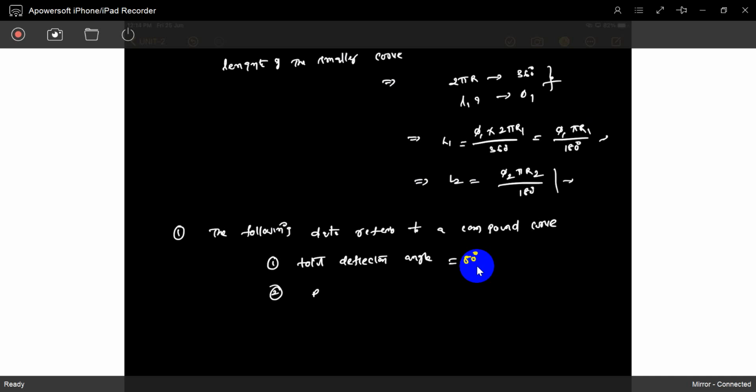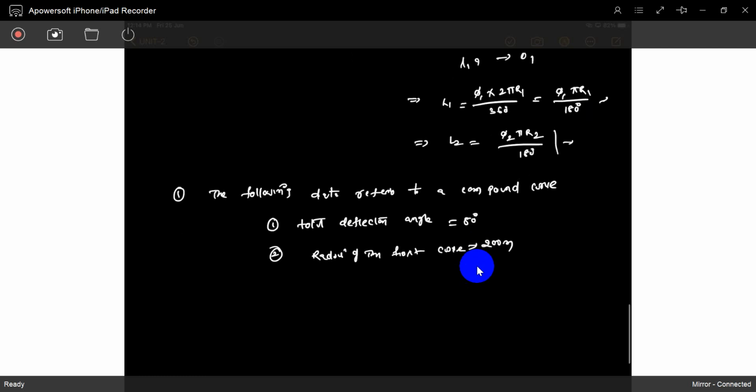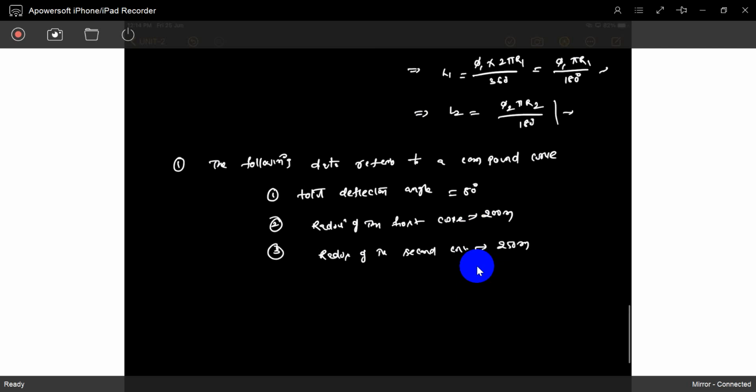Radius of the first curve is 200. Radius of the second curve is 250. Chainage of the point of intersection.